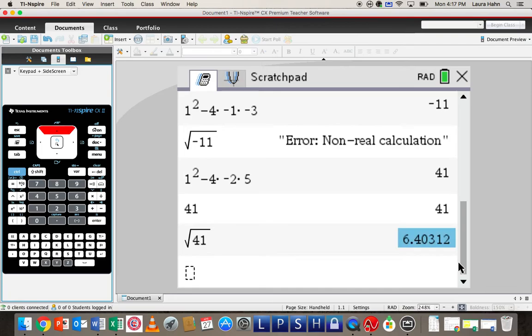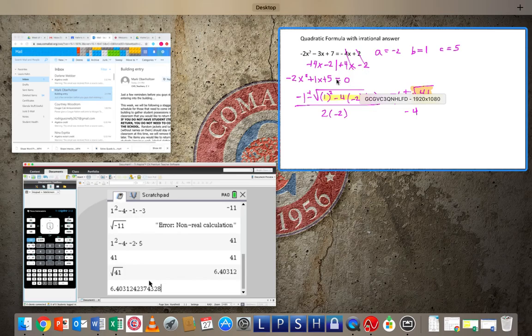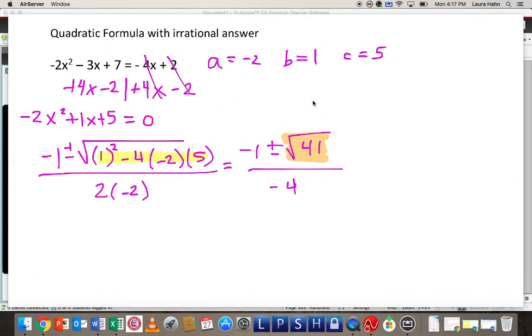It gives me a big, ugly number. Just keeps going, right? So when that happens, this is how you can write your answer. When it turns out ugly like that, you can write your answer 2 ways, okay? You can leave it in radical form like this, or you can change it to a decimal, and I'll do both, okay?